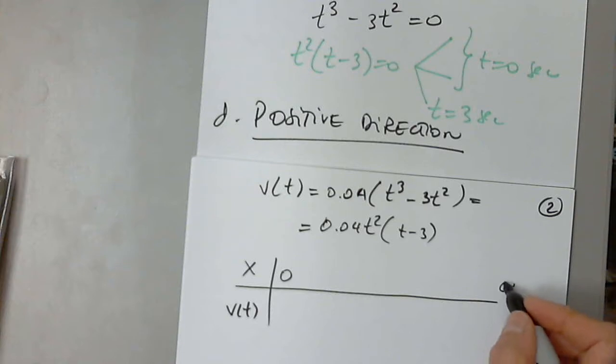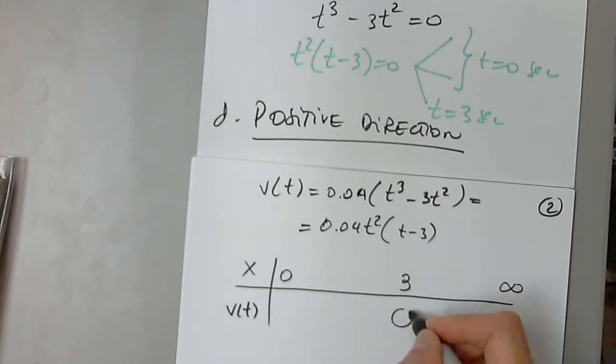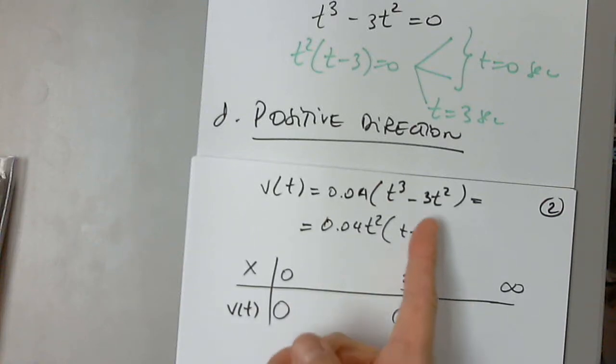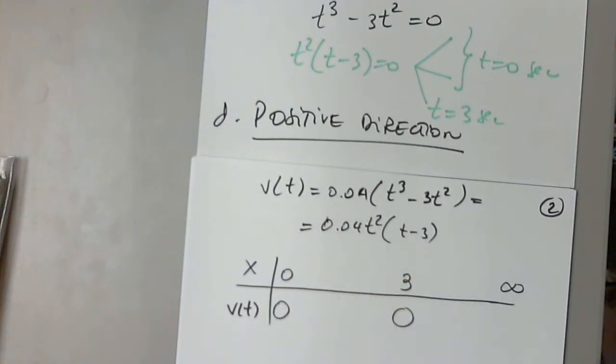since we just determined a minute ago that the velocity is 0 at 0 seconds and 3 seconds, I would like to know whether between 0 and 3 is positive or negative, and between 3 and infinity is positive or negative. All I have to do is just pick a number. If I pick a number like 1, please plug it in and tell me what is the sign of this expression.